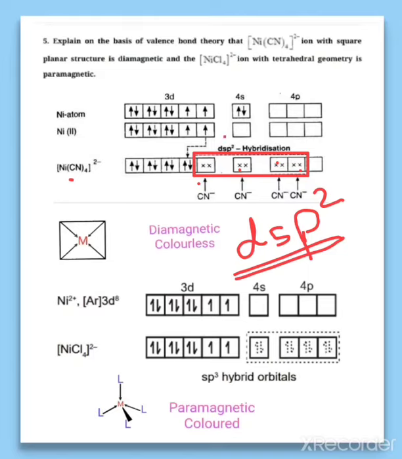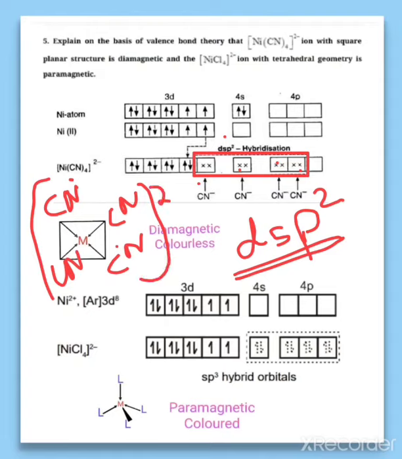When the hybridization is dsp2, what will be the geometry? The geometry will be square planar, where M is the central metal ion, that is nickel ion here, and the 4 CN occupy the 4 corners of the square, and the overall charge of 2 negative should be written on this. So that is square planar geometry.